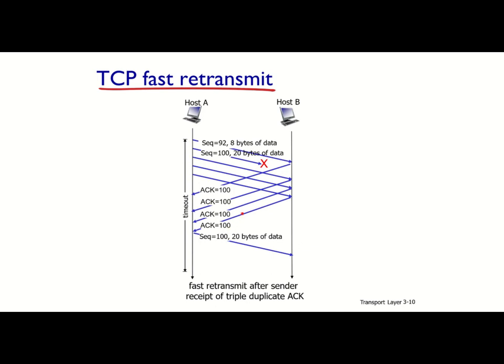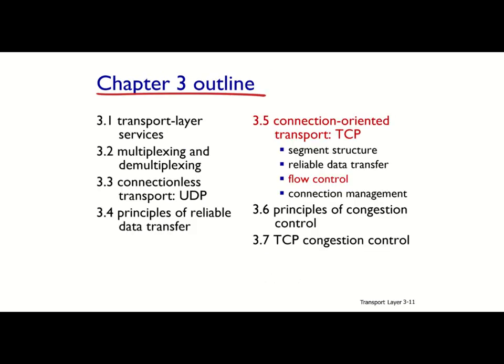Because it receives multiple acknowledgements for 100, so it can suspect that this 20 bytes of data has been lost in the middle of the way, so it has to retransmit that data again. Next, I will talk about the flow control mechanism that TCP provides.